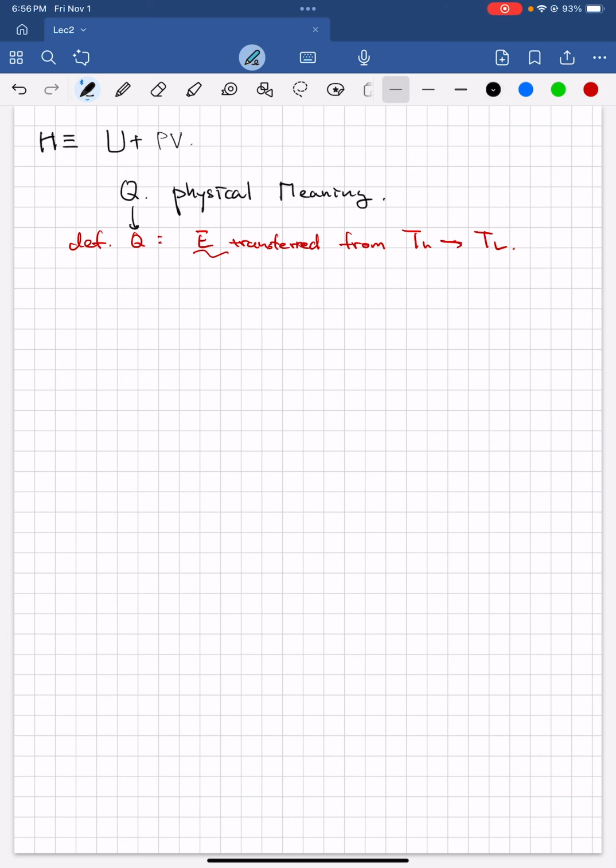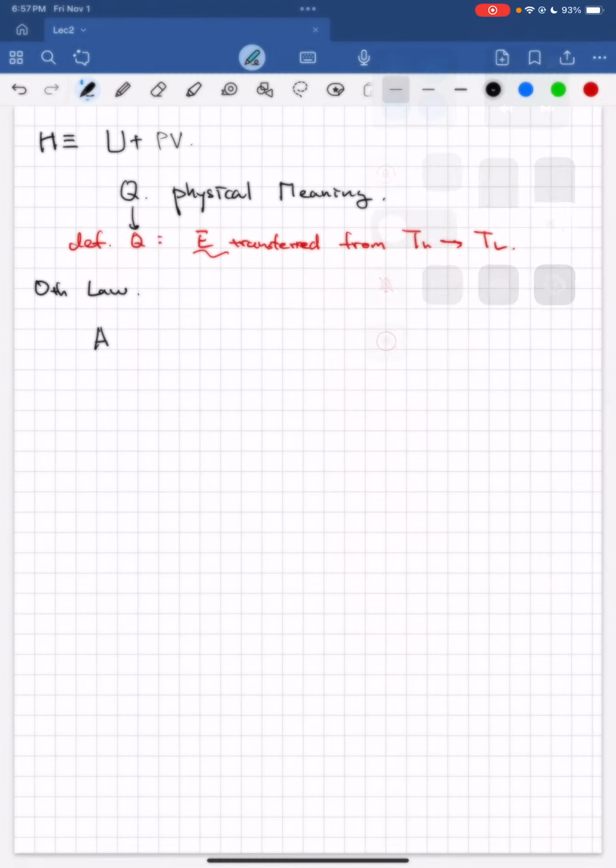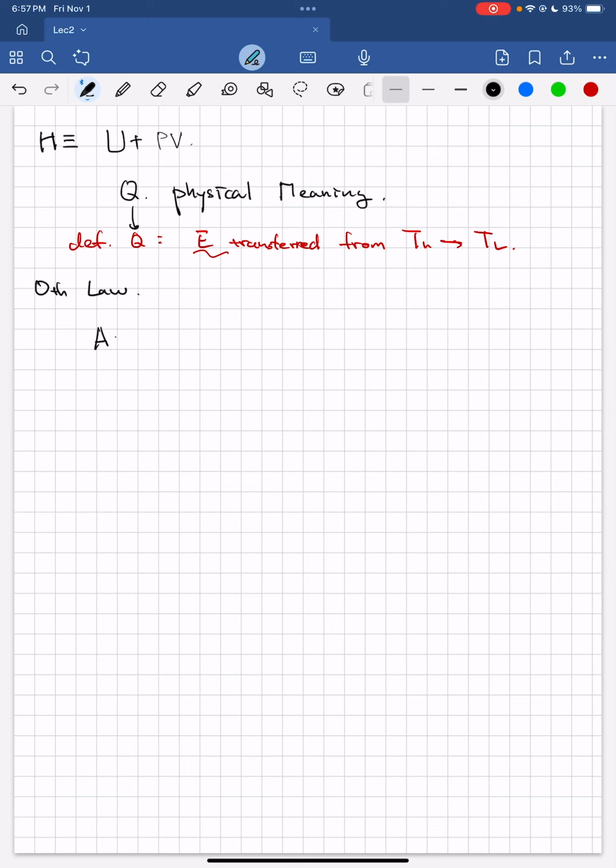This is basically coming from the zeroth law of thermodynamics, which is: A is in equilibrium with C, B is in equilibrium with C, then A is in equilibrium with B. This is the zeroth law.